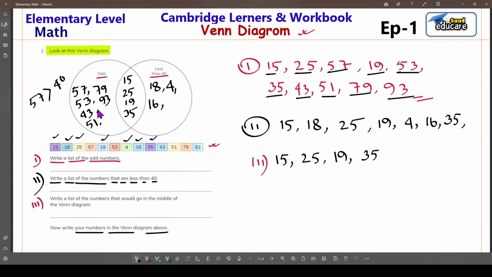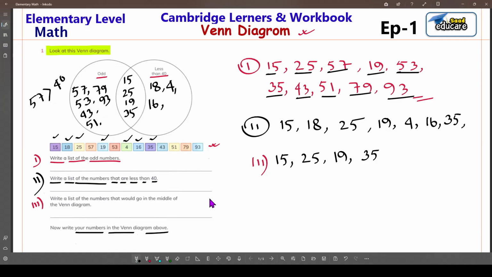Then 35 we already wrote in the middle. 43 is an odd number and more than 40, so you already wrote it. 51 already written. 79 already written. 93 already written. So here it is only 18, 4 and 16. So I hope you cleared this one.